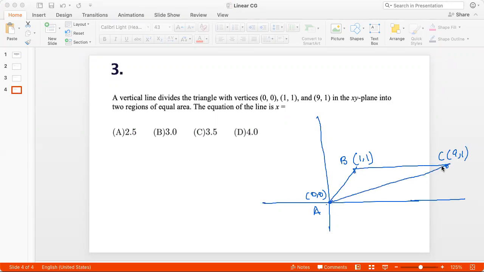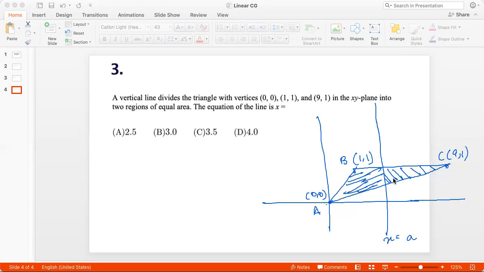There is a vertical line which divides this triangle into two regions of equal area. Let's say this is my vertical line, x equals a. Then what is the equation of the line? There are two regions of equal area, which is to say that this region has the same area as this region. What can we do here?